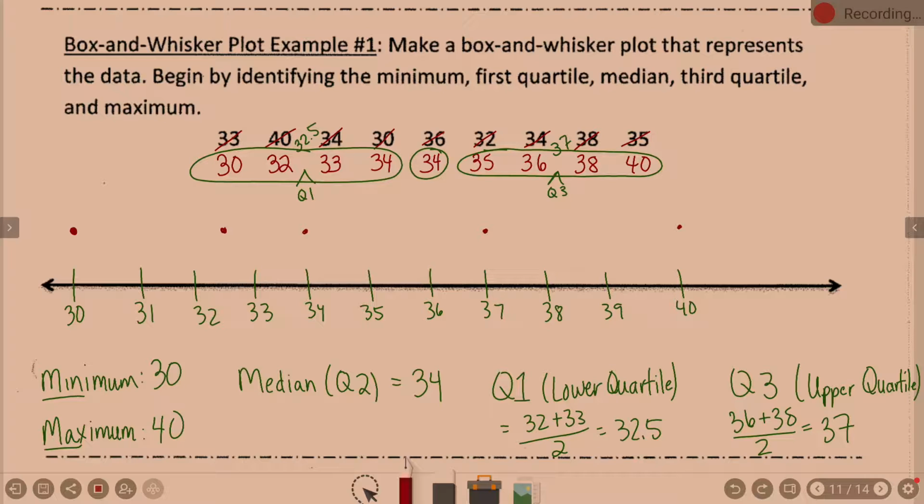Okay, so your quartiles, your inner three dots, I'm going to put vertical lines through them so that I can connect them and make a box. And then from my lower quartile out to the minimum, and upper quartile out to the maximum are my whiskers.